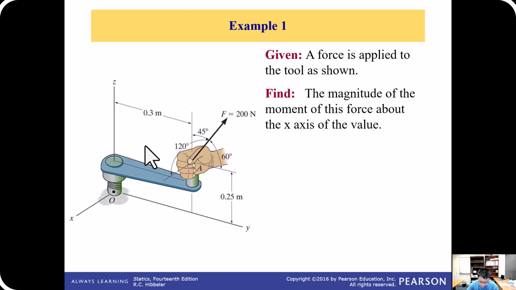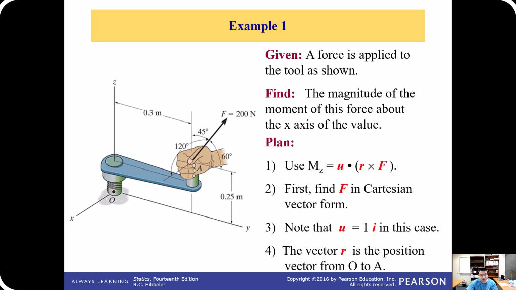Let's see an example. A force is applied to the tube. What will be the magnitude of the moment of the force about the x-axis? How to solve this problem?